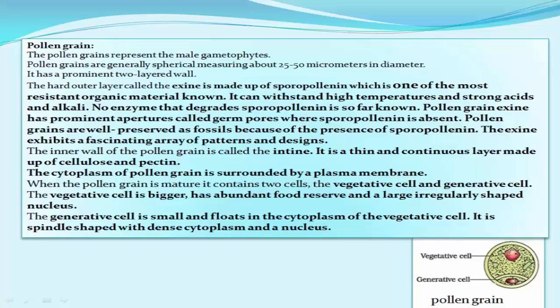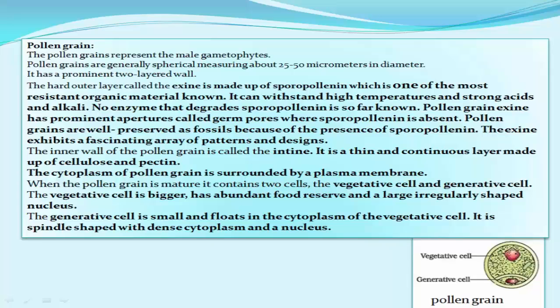The outer layer is the exine, the inner layer is the intine. Both of them are characteristically completely different. Exine is made up of a resistant organic material called sporopollenin, and intine is elastic in nature. It is made up of cellulose and pectin.